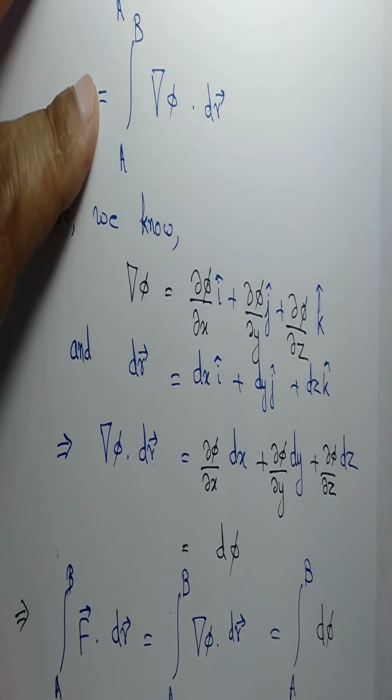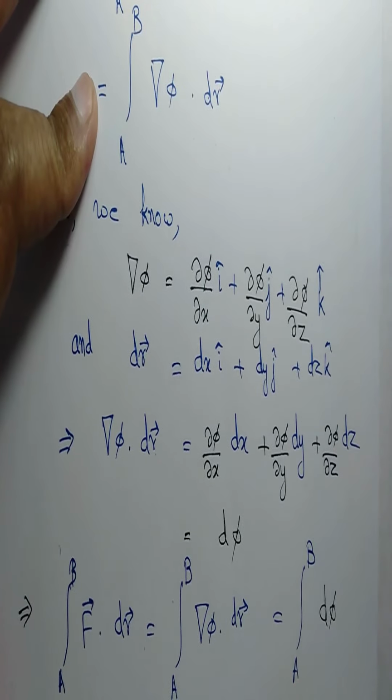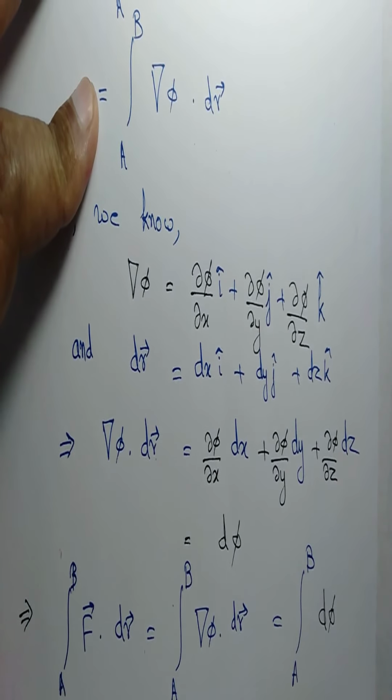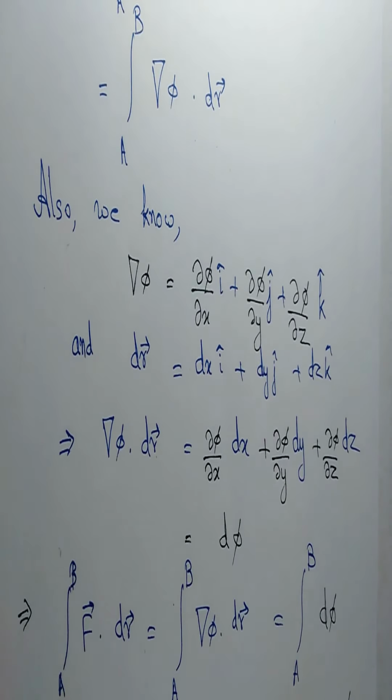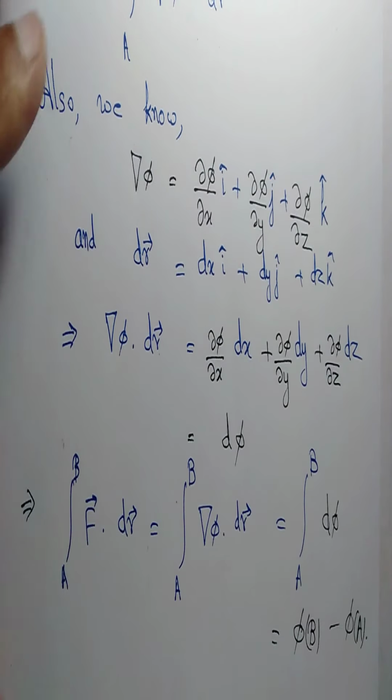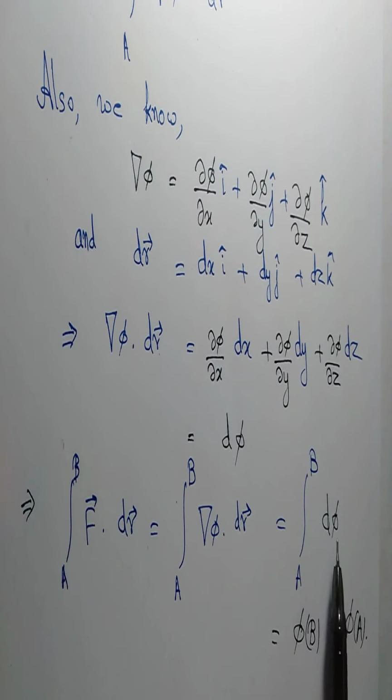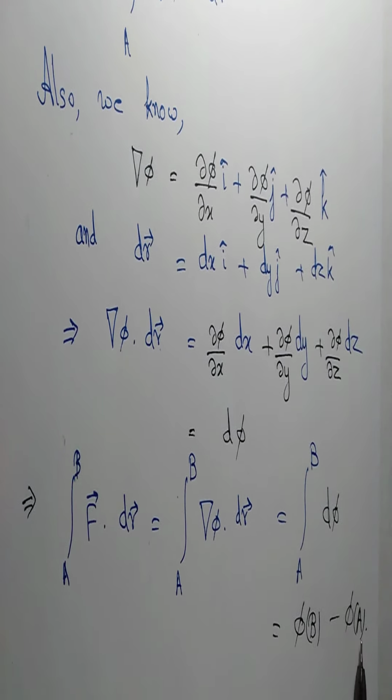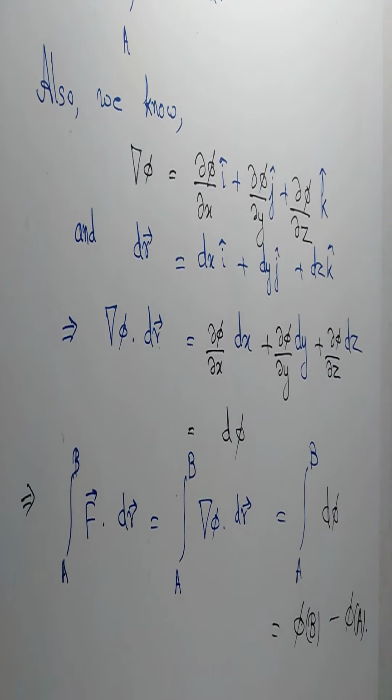And so that is phi evaluated at the point B minus phi evaluated at the point A. So it only matters what those points are. So what matters is the starting point and the final point. It doesn't matter what path you have taken.